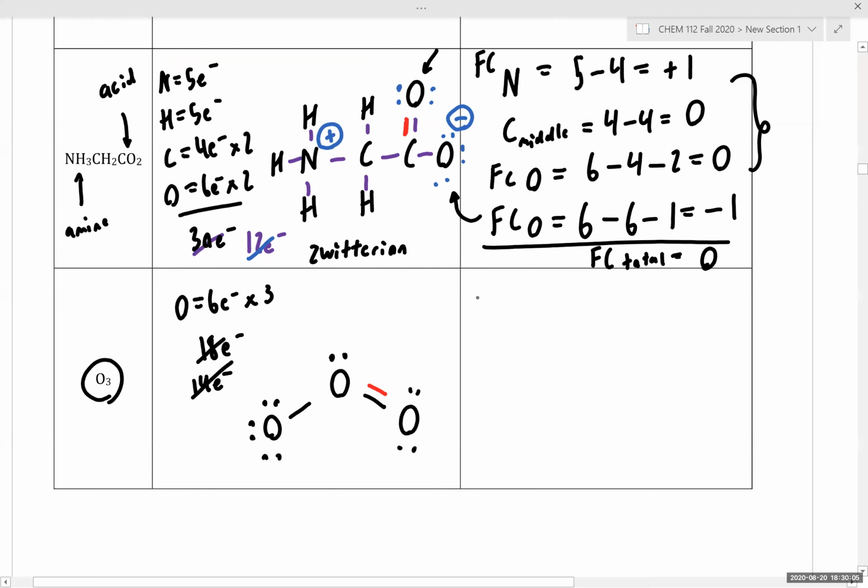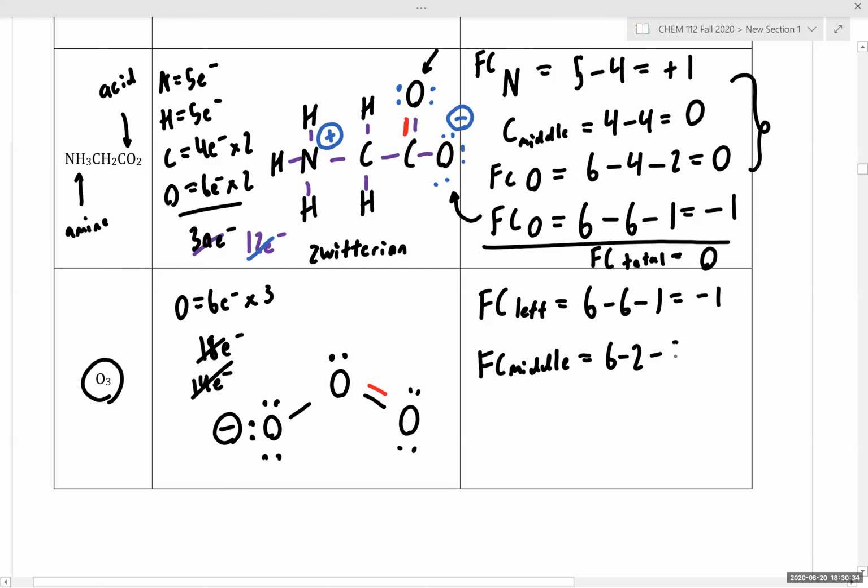Now, to calculate the formal charge of our leftmost oxygen, we see our group number is 6. We have 6 lone pair electrons and 1 bond. That gives us a formal charge of -1. Looking at the formal charge of our middle oxygen atom, we have a group number of 6, we have 2 bonding electrons, and we have 3 bonds.